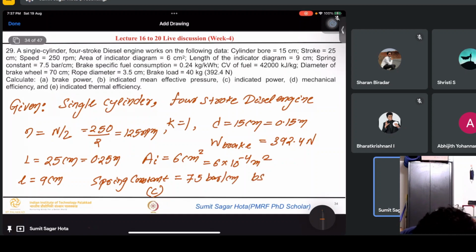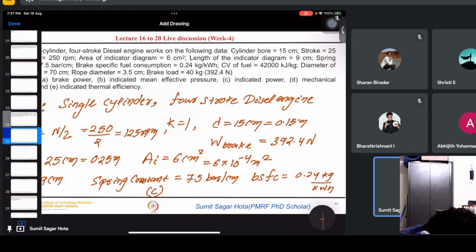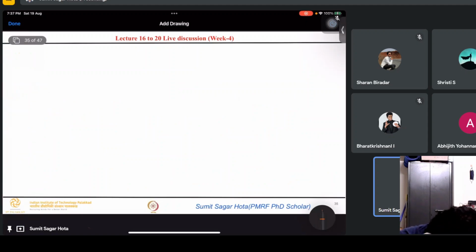Brake specific fuel consumption 0.24 kg per kilowatt hour. Some more things are given. CV 42,000 kilojoule per kg. D brake 70 centimeter.